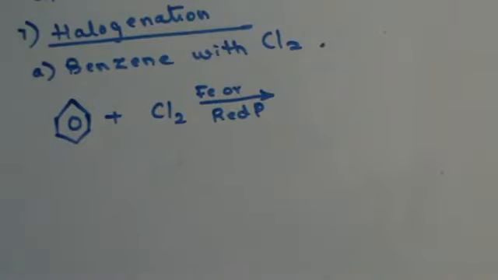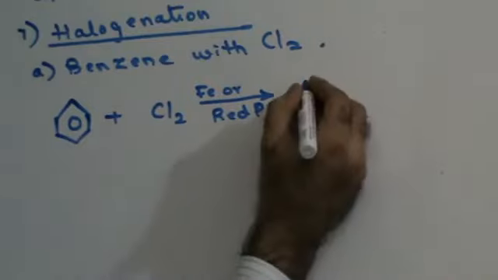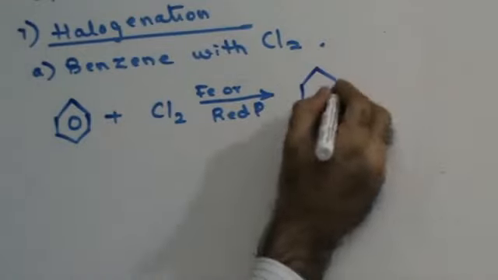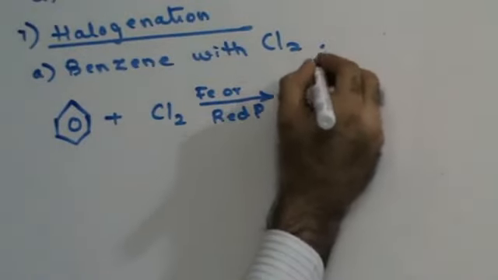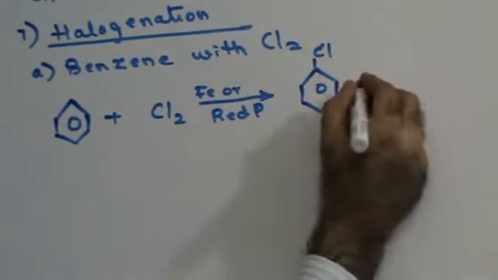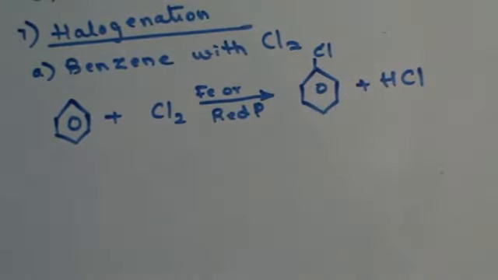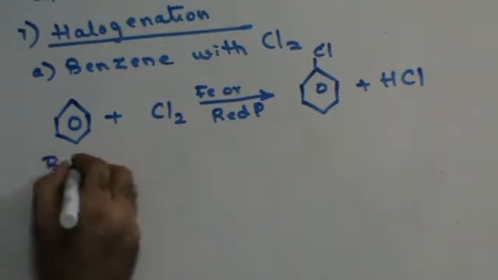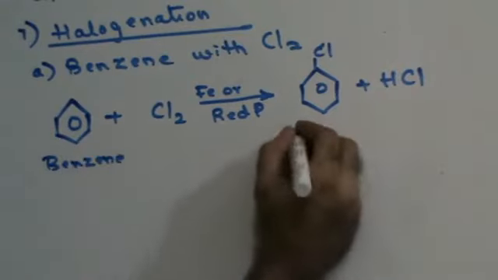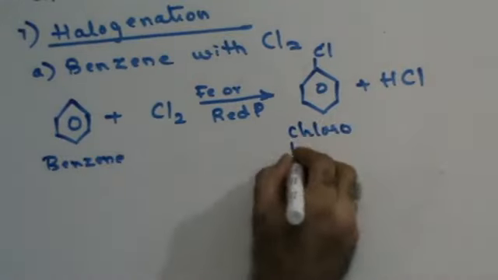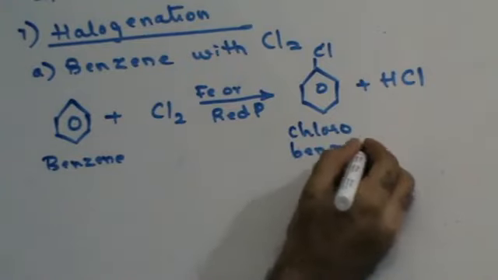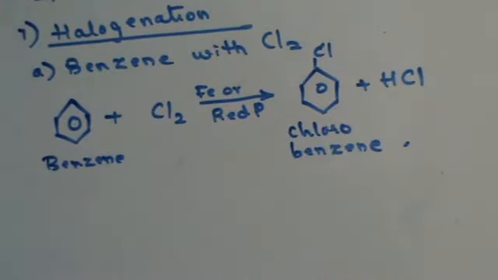Now, in this case, you will get benzene substitution reaction. 1 chlorine, 1 hydrogen is substituted, that will react with another chlorine. So what you get is, this is benzene, this is chlorobenzene plus hydrochloric acid.